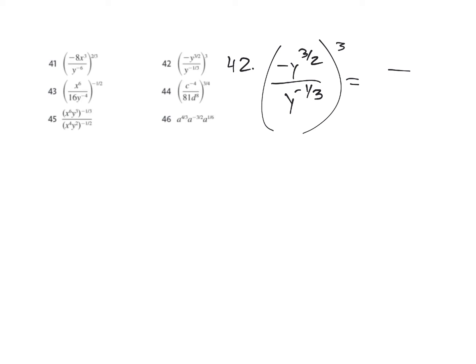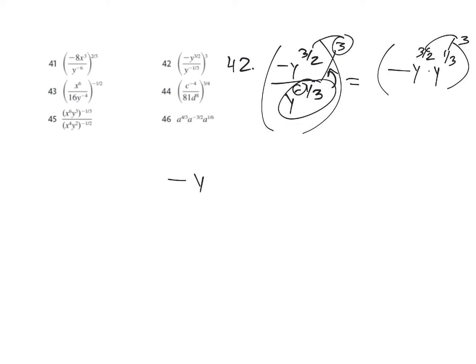The negative on this exponent in the denominator has no bearing on positive or negative of the whole value of the problem. This just means we need to move this up top. So we're going to have y to the 3 halves, and then we move the bottom part up, we get y to the positive 1/3. But remember, you have a 3 still on the outside. You could have distributed it first. It doesn't matter when you do it. So let's distribute it now.